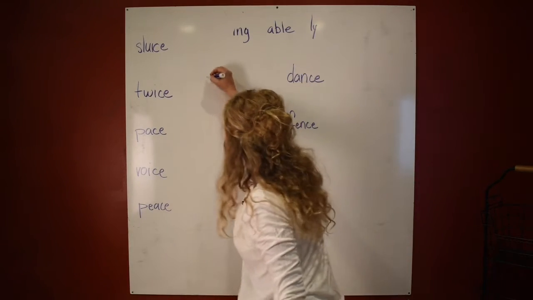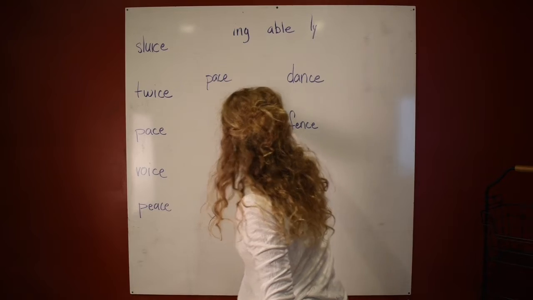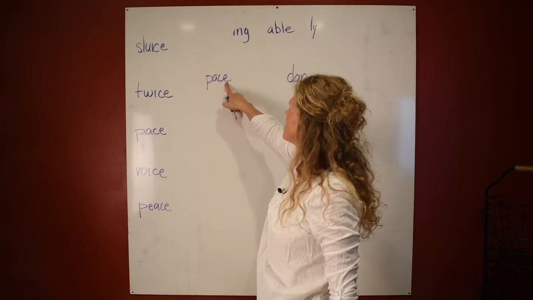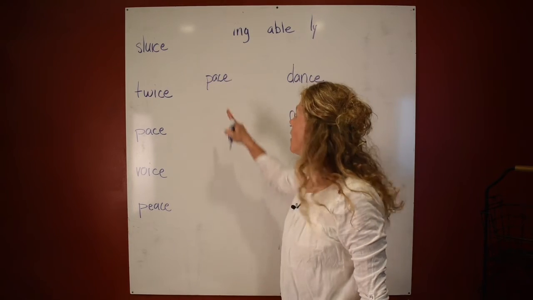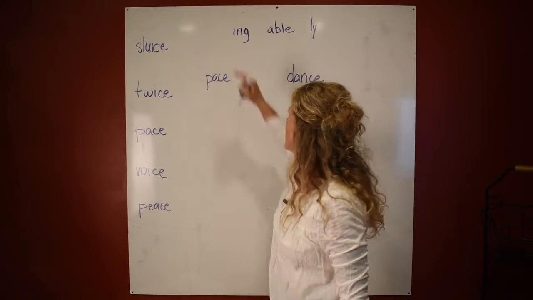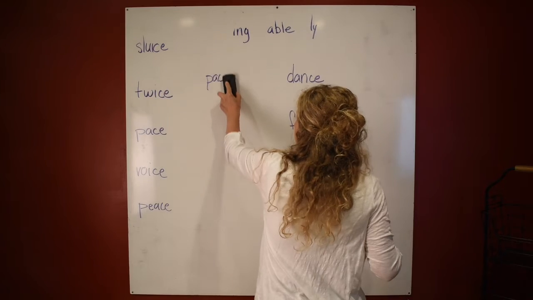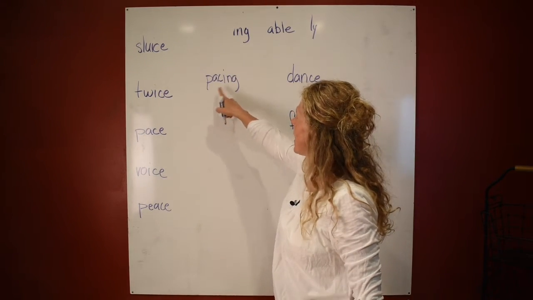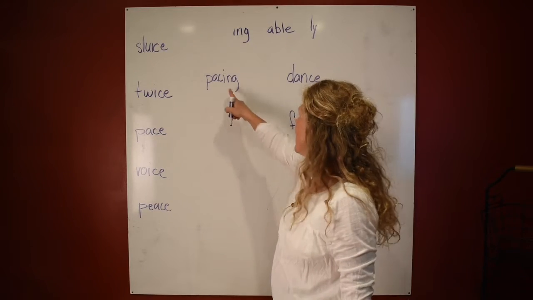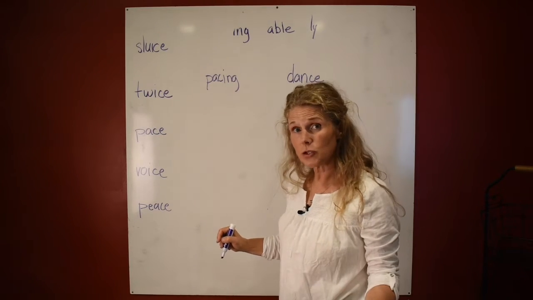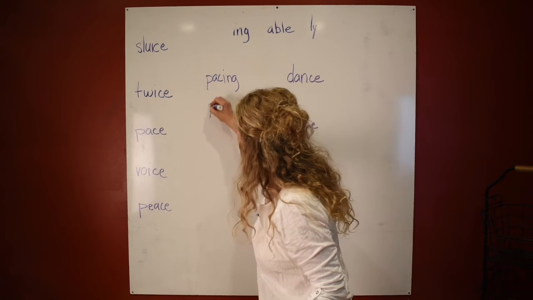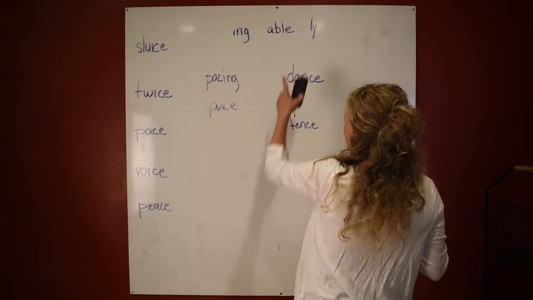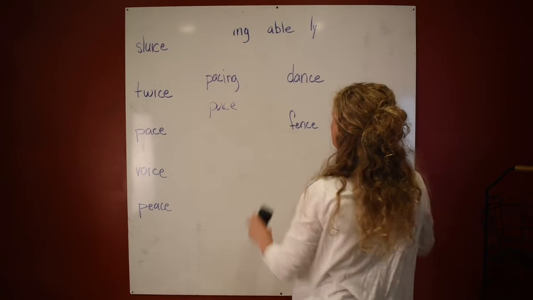So look at pace. Are we adding on a suffix that is starting with an E, I, or Y if we have a C here? We are. So, ING. Drop the E and add on your vowel suffix. This is the dropping rule. Okay? Pace. This is a CE.